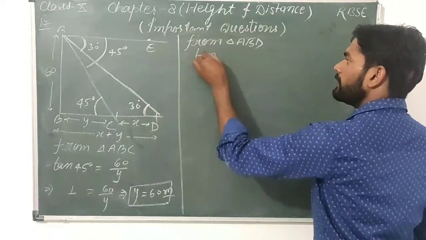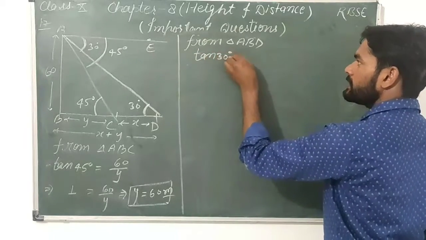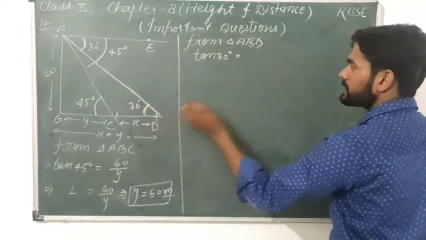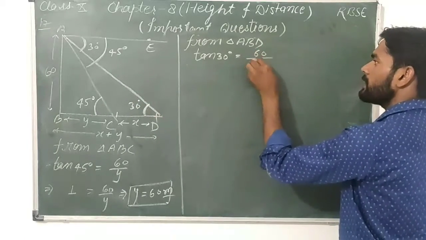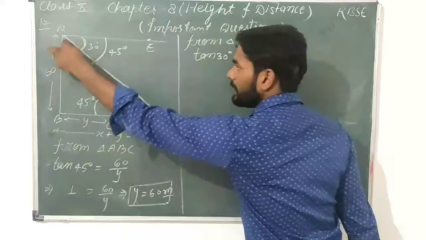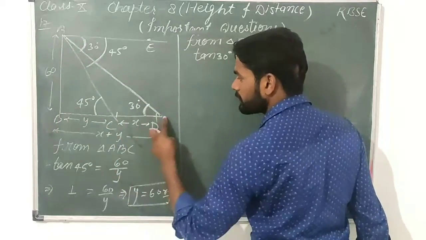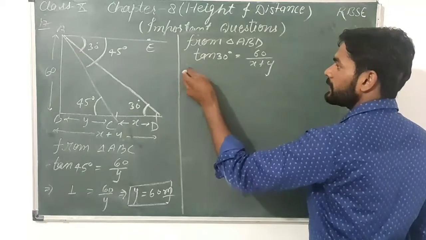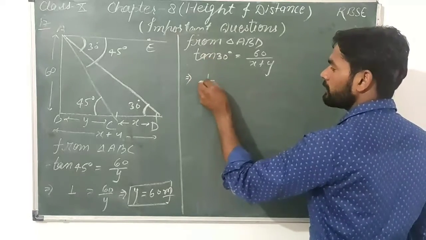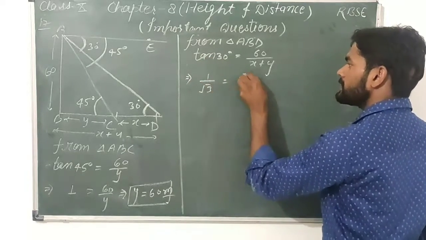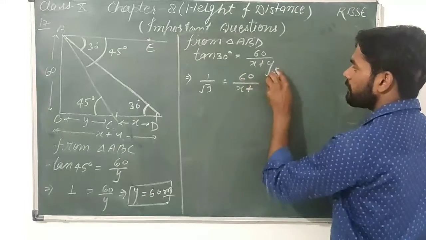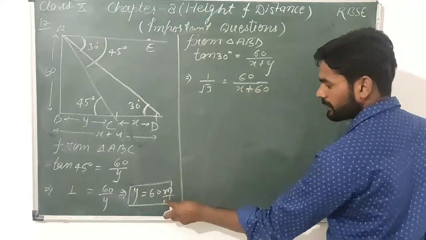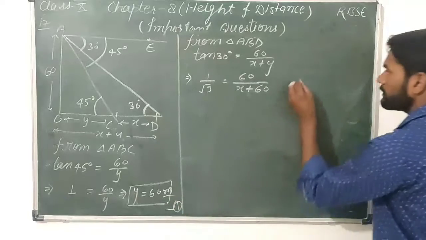So tan 30 degree is equal to perpendicular 60 upon base x plus y, 60 upon x plus y, because perpendicular is this and base is from here to here, which is x plus y. Now tan 30 we know is 1 upon root 3, and 60 upon x plus y, where y is also 60 from the earlier equation.